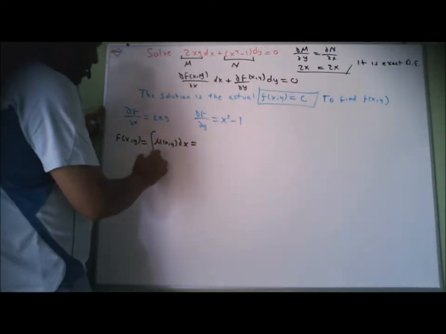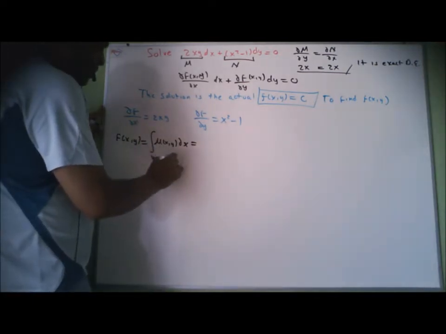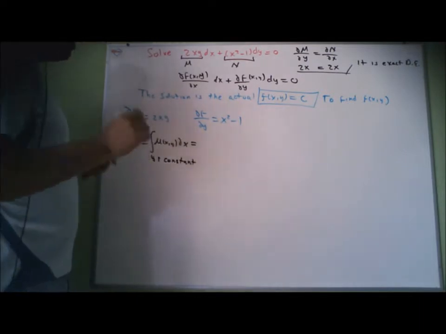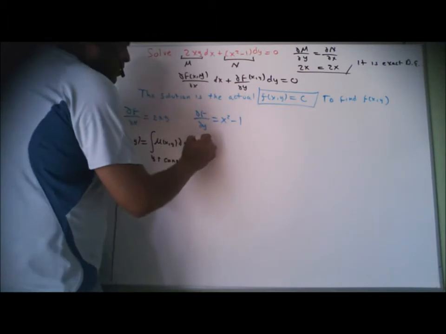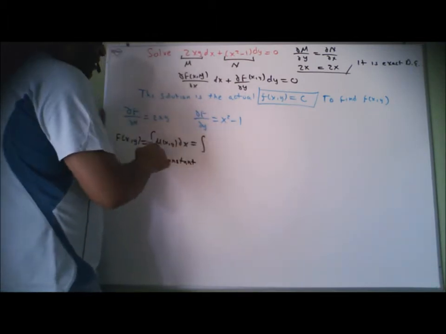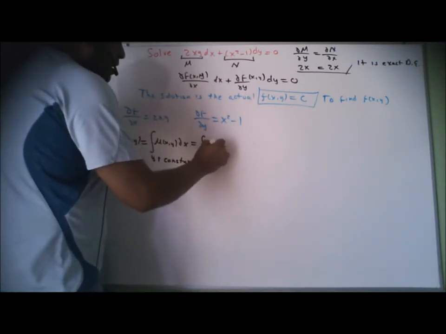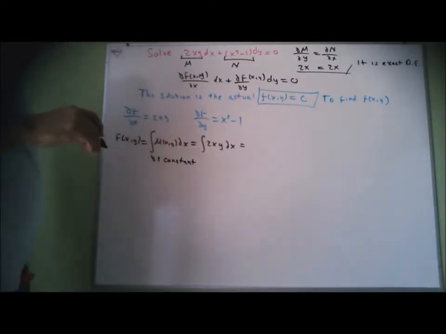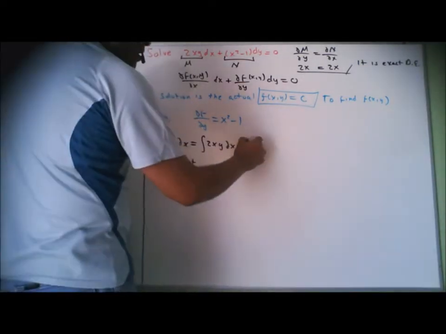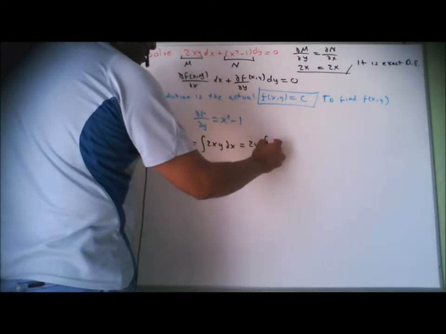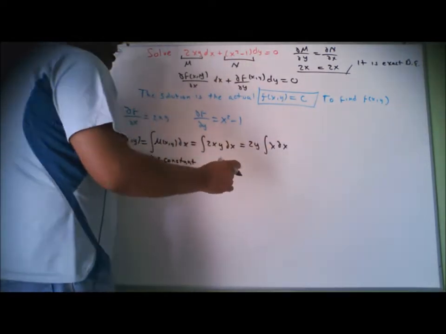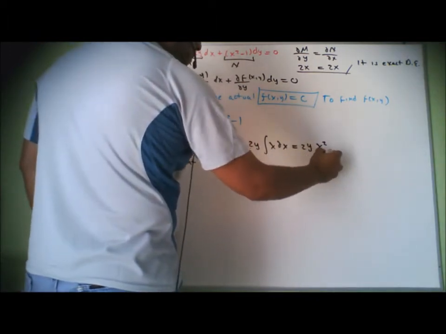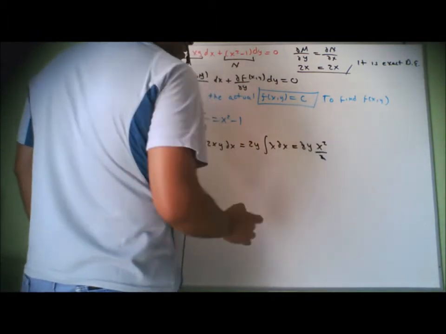So y, consider constant for this partial integral. So be careful with that. So here you are going to have the integral of M, which is 2xy, with respect to x. Let's take outside the constants, and the constant here is 2y, integral of x with respect to x, and the integral of this is going to be 2y x squared over 2. So the 2 and 2 cancel.